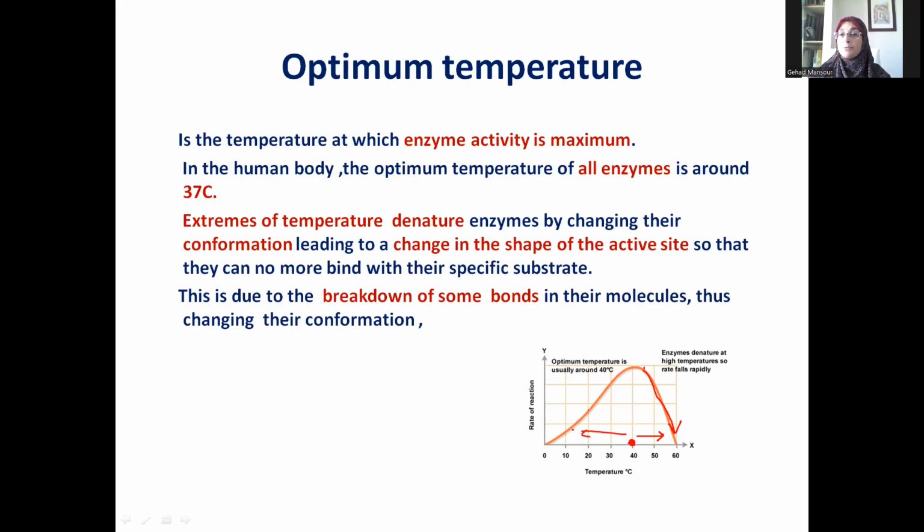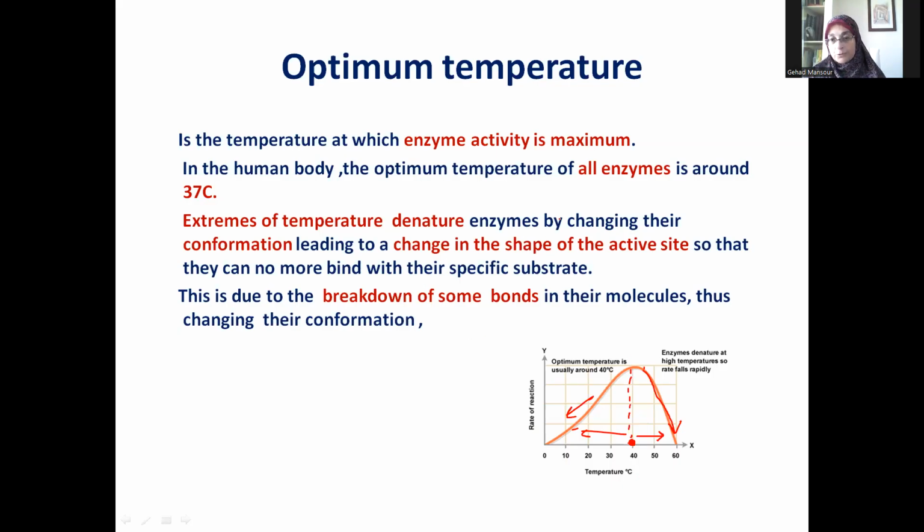The enzyme activity also dropped. So the optimum temperature is the temperature at which you have maximum activity. If you go more than the optimum temperature, enzyme activity will diminish. If you go lower than the optimum temperature, enzyme activity will also drop. So you have the best or the optimum enzyme activity when you are at 40 here, which is the optimum temperature.